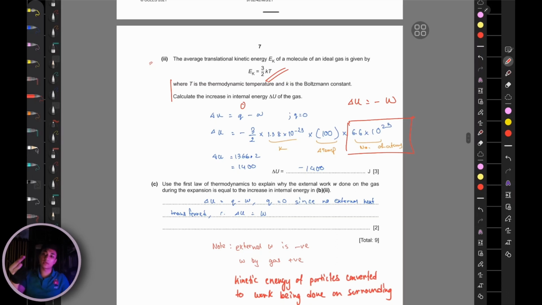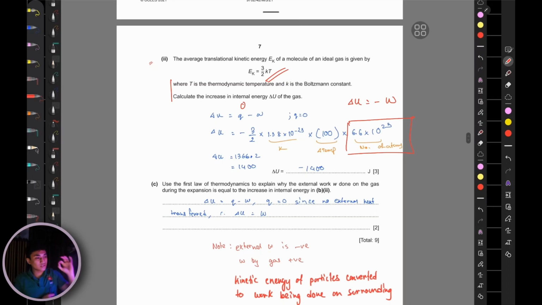And the other thing I want to mention over here is, in case of change in internal energy for ideal gases, we consider the potential energy between two particles or multiple particles to be zero. So if the internal energy is changing, it will only be due to the fact that the kinetic energy of the particles is changing, right?